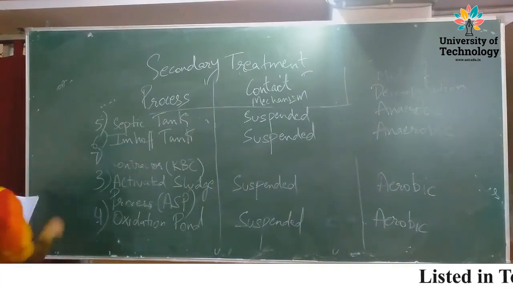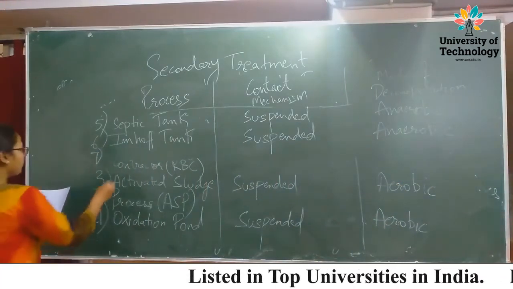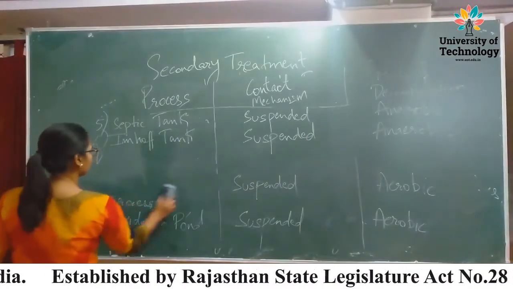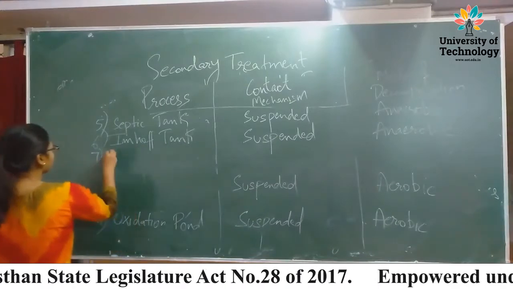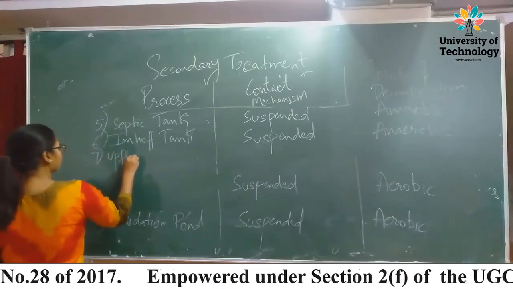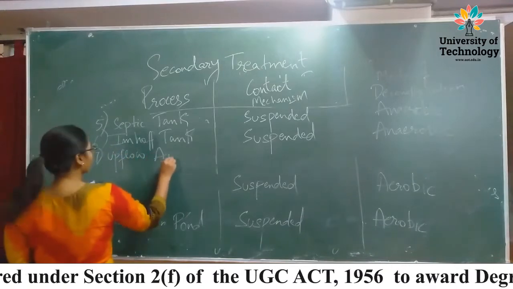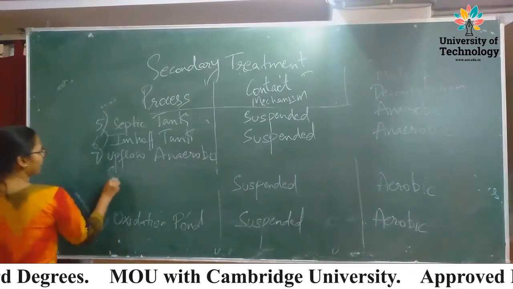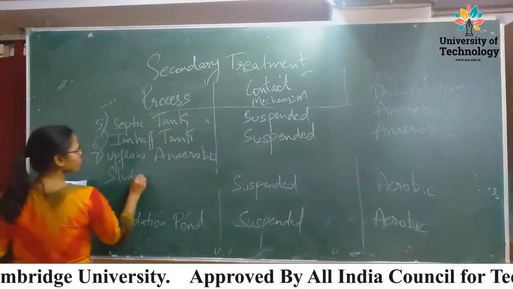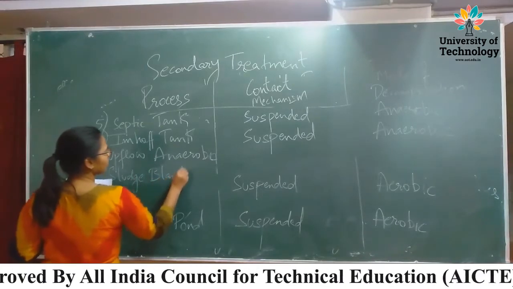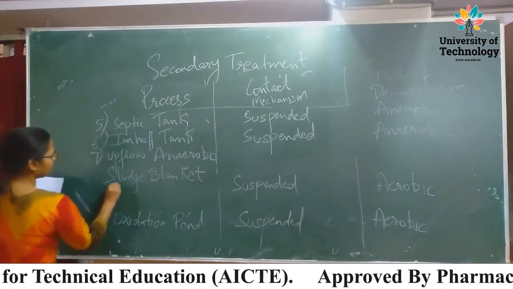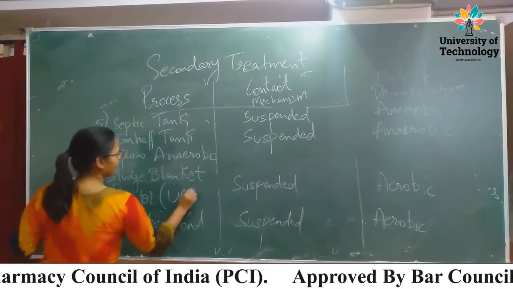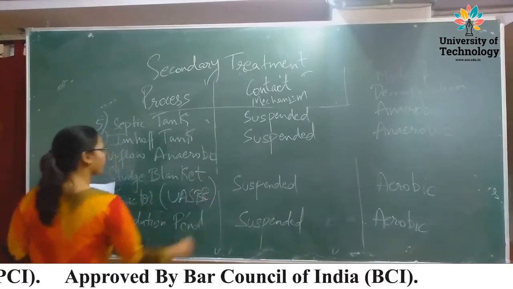And the last one is the upflow anaerobic sludge blanket reactor, also called UASBR.